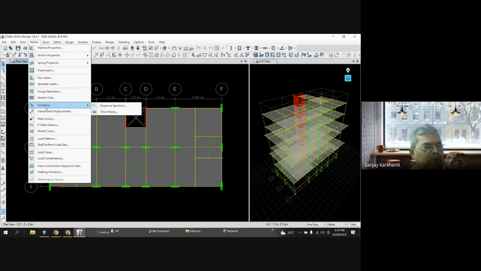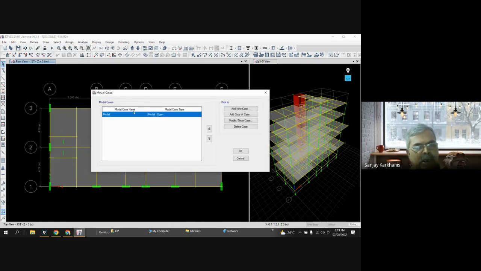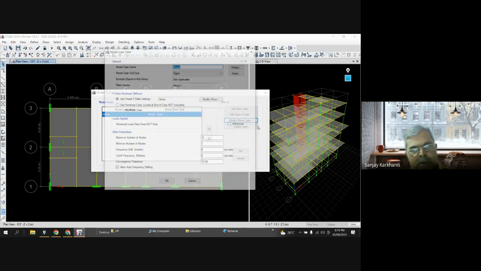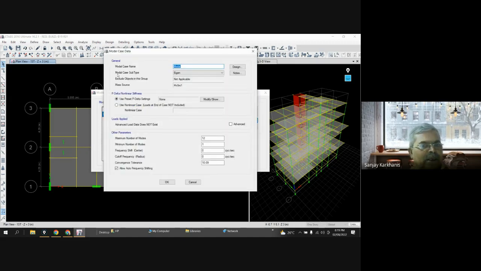So I have given information about functions, mass source, then okay, this is the model case. I have not, I think, explained it to you. So if I click on model case, and see what is there by default, it is over here. If you see show, you can see that the model case name is model.